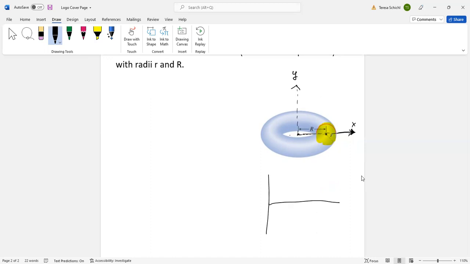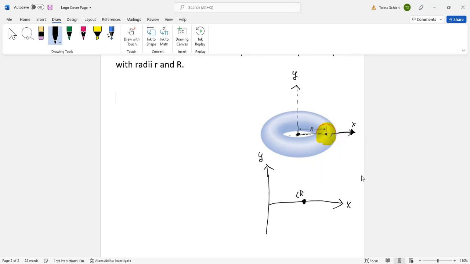All right, so this one's here. This is my y-axis, this is my x-axis. Take a look. From the center all the way to here, we say this is the big R. So the circle will start at this point.